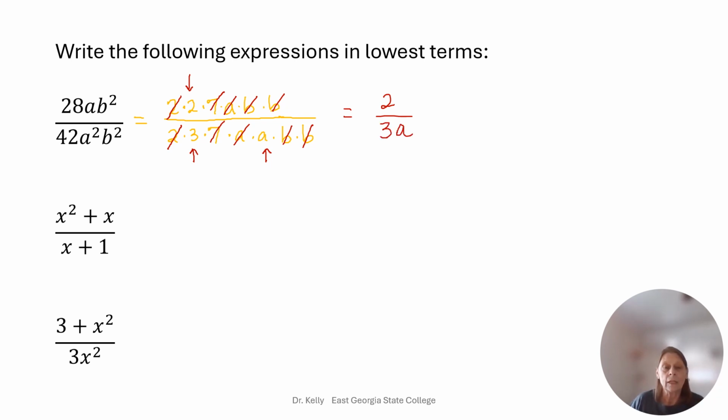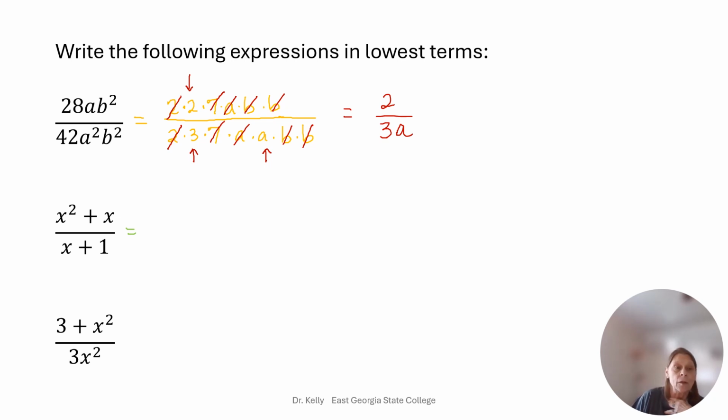Okay. Now the next problem requires us to first factor. We cannot cancel term by term. We can only cancel like factors here. So these x's do not cancel here. What we must do is factor this out.